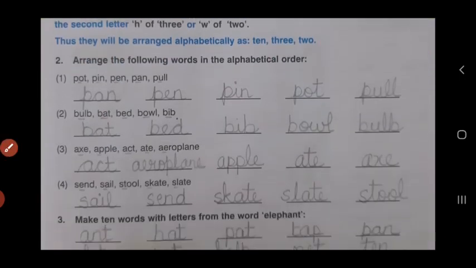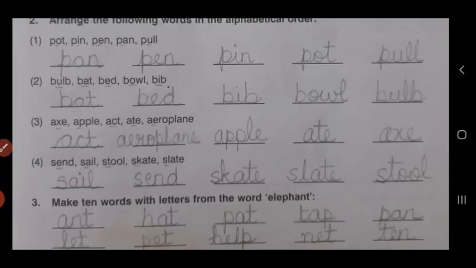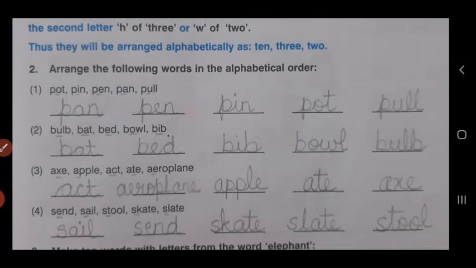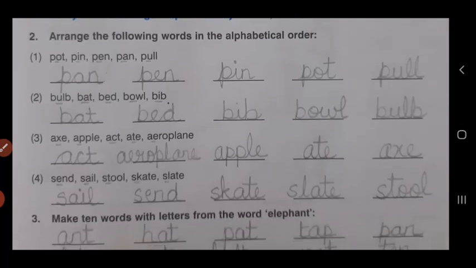Now let us do some examples. In all these words in number 2, if you look, the starting letters are all the same. That means we have to look at the second letter. Let's do number 1.